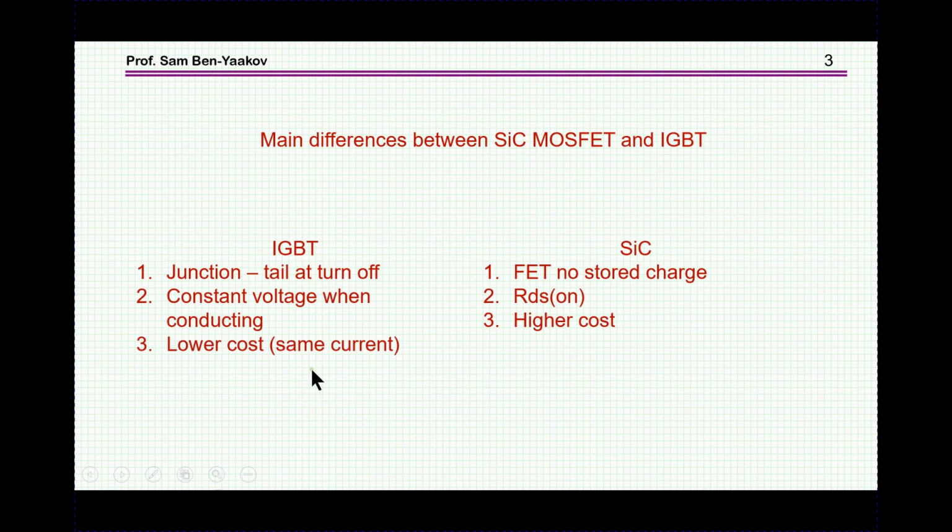And of course, as I've already said, today at least, it's more expensive than the IGBT when you compare it for the same current. Due to the fact that the IGBT has this tail of the current at turn off, the switching frequency that you can get is lower with IGBT than with silicon carbide. We'll see it later on.